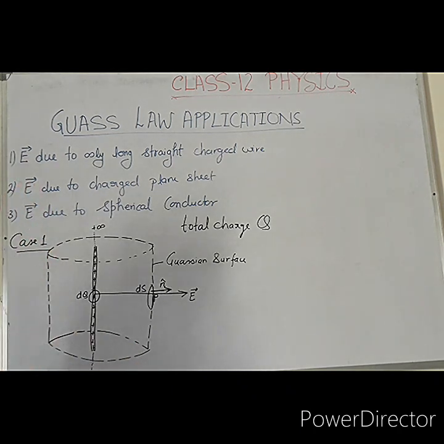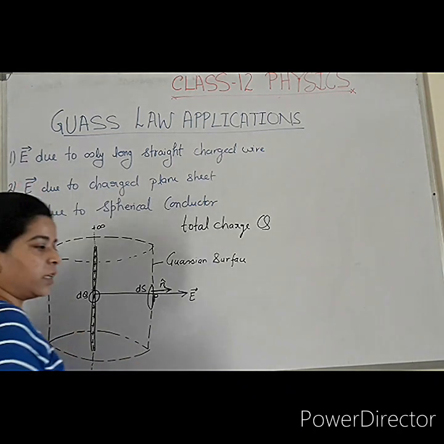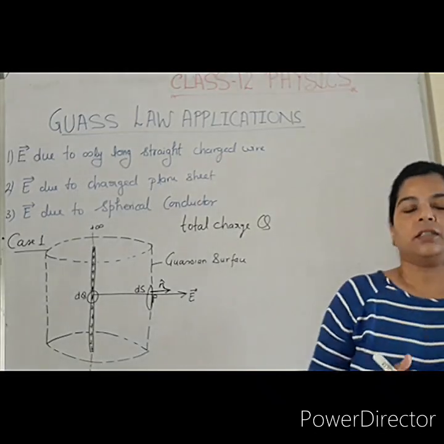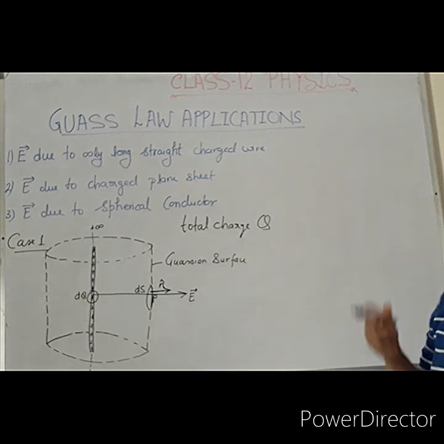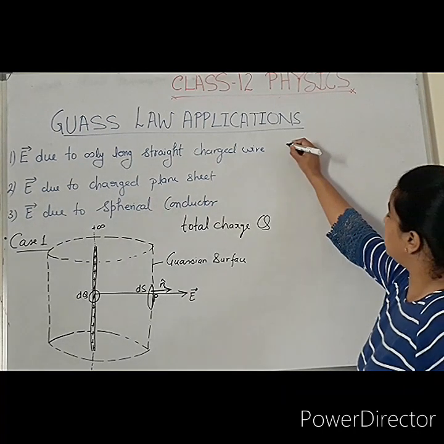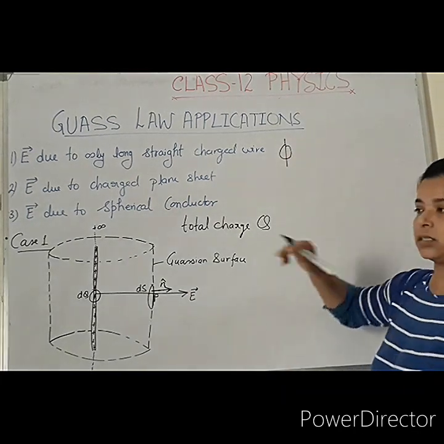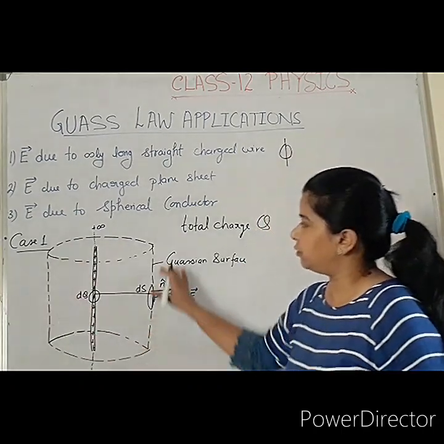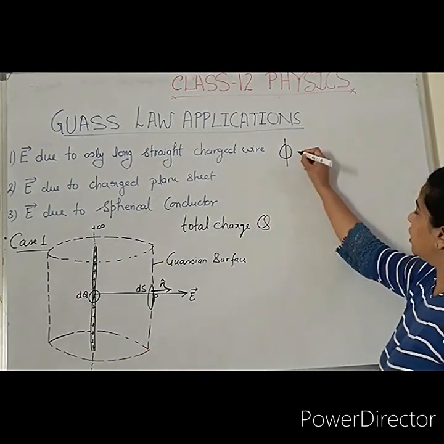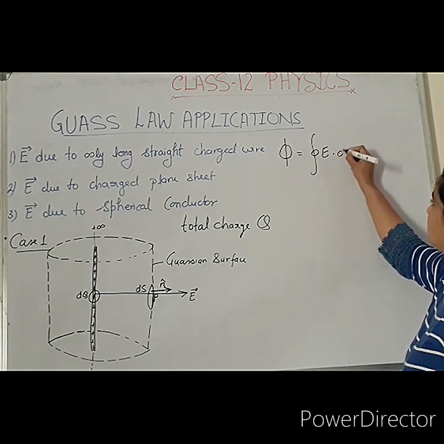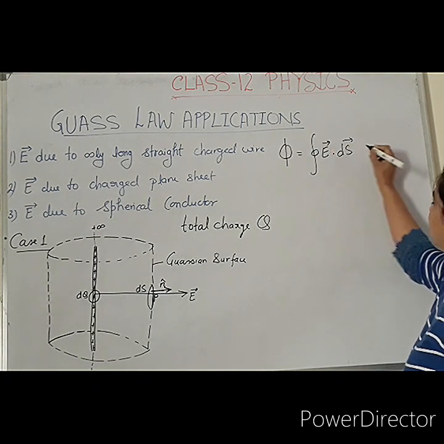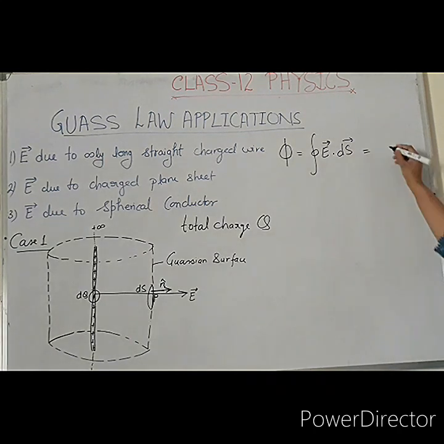Now according to Gauss law, it is a mathematical expression which can reduce any long derivation into 3-4 steps. So if we apply the statement of Gauss law, the total flux corresponding to this Gaussian surface should be equal to the closed integral of E dot ds, and that should be equal to 1 over epsilon naught times the charge enclosed by that surface.